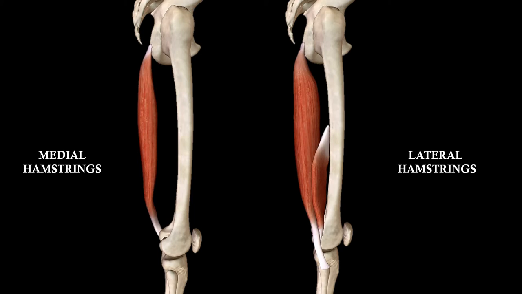This is of particular relevance if, as we said at the beginning, you play a particular sport. So footballers would want to improve the strength of the medial hamstrings. Most of us would want to improve the strength of the biceps femoris, because obviously they are the specific muscles that are most likely to get injured in the hamstrings.